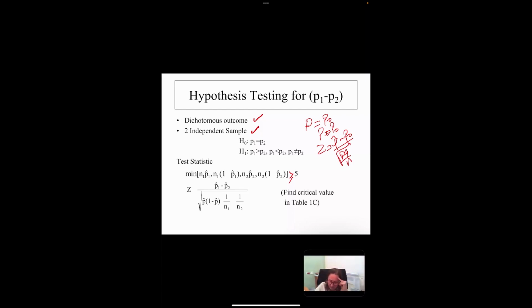We check that the products N1P1, N1Q1, N2P2, and N2Q2 are all greater than 5. And then the test statistic would be P1 minus P2 over the standard error of PQ, P0, not P0. I think this is the P average. I'll check it out.